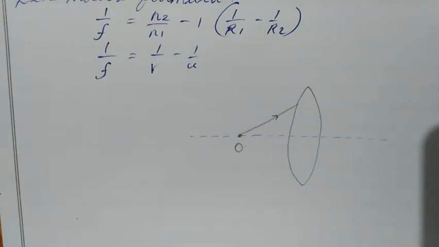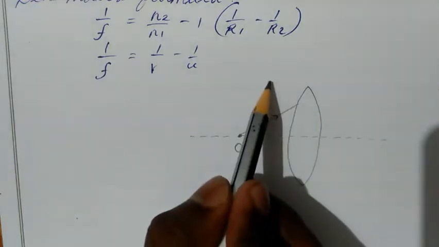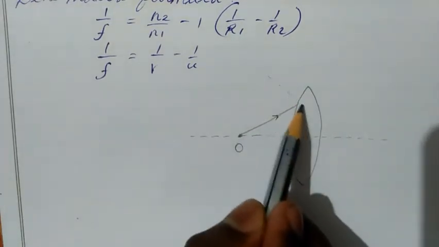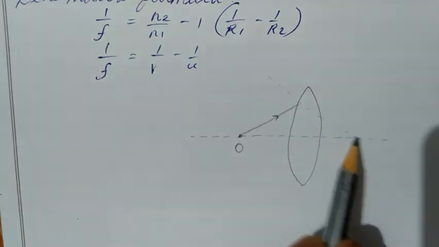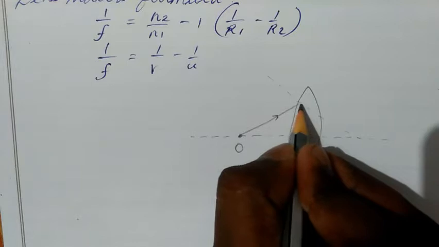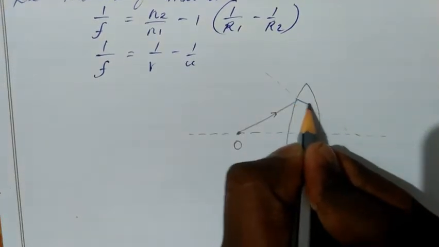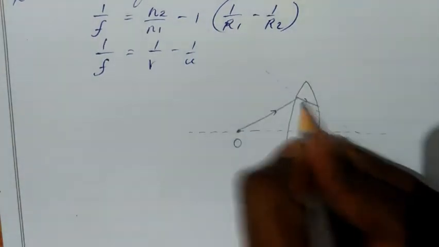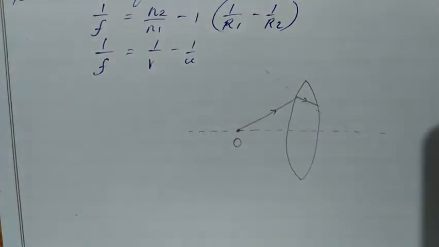If we draw one normal, then the light ray bends towards the normal. Then after, what will happen?